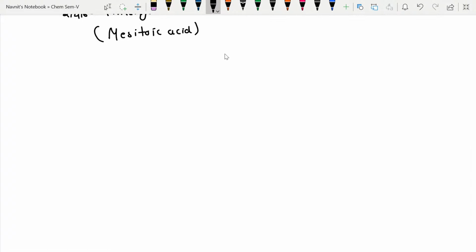Okay, so let me take the ester of this acid, mesitoic acid, methyl mesitoate. So this is methyl mesitoate.